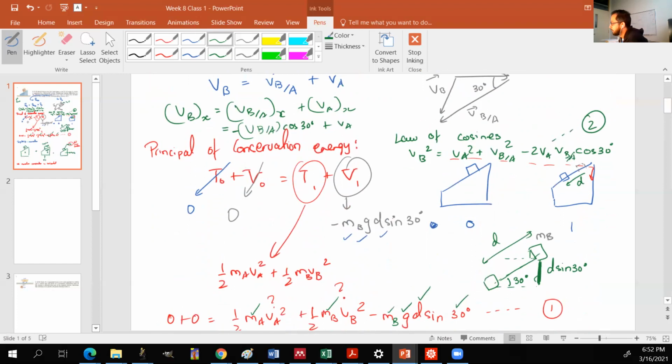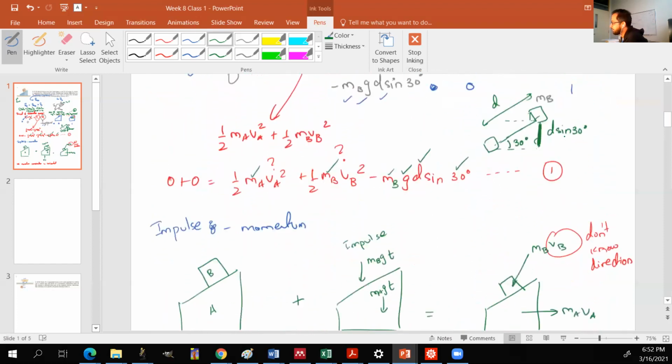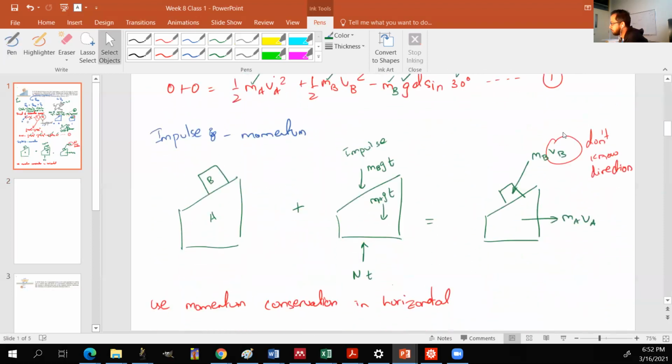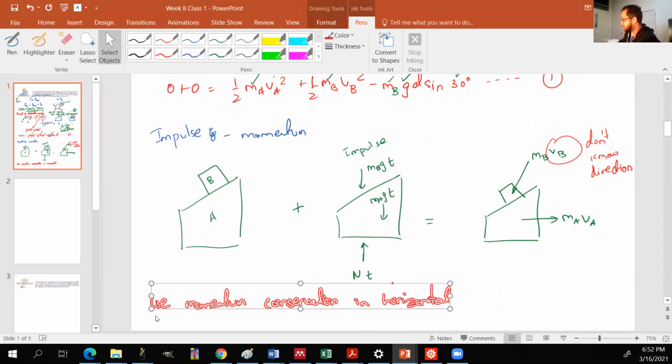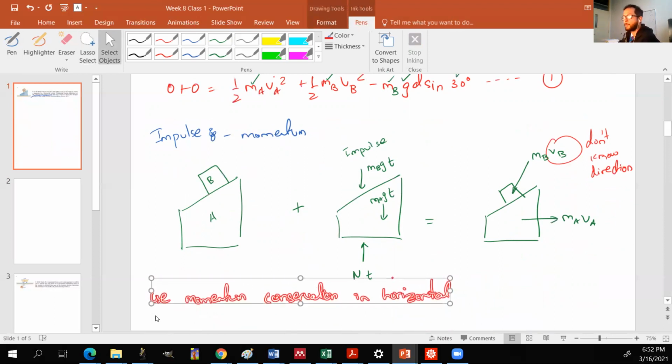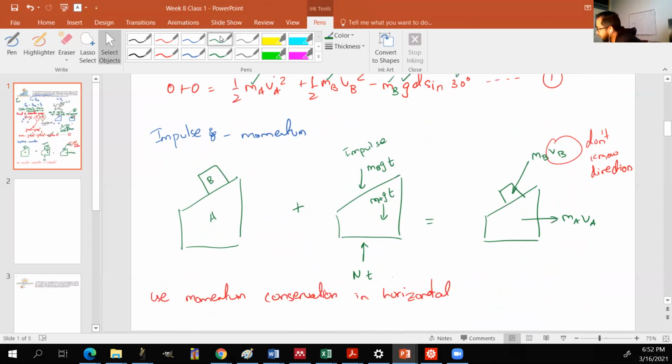So I need the third expression, and that comes from my horizontal momentum conservation. So let's do that. Initially, horizontally, everything is not moving, so everything is zero.